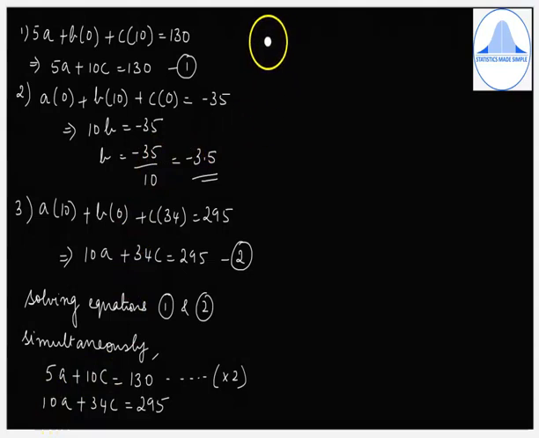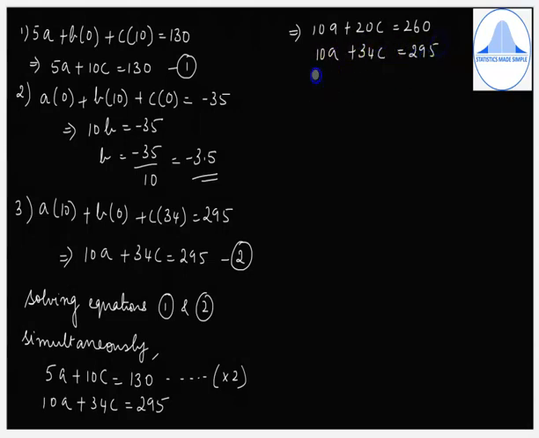So which implies 10a plus 20c is equal to 260. Then the second normal equation, you will get 10a plus 34c is equal to 295.